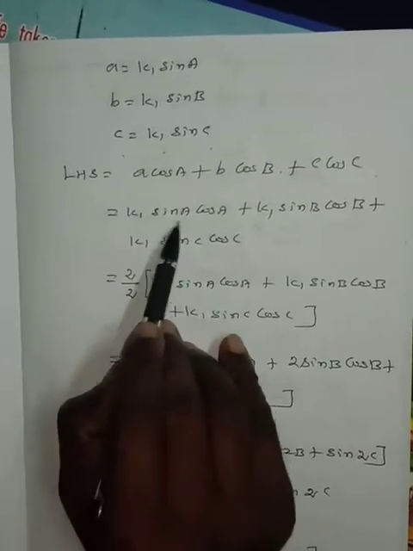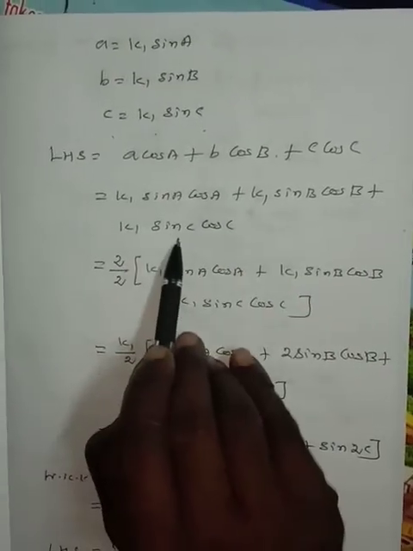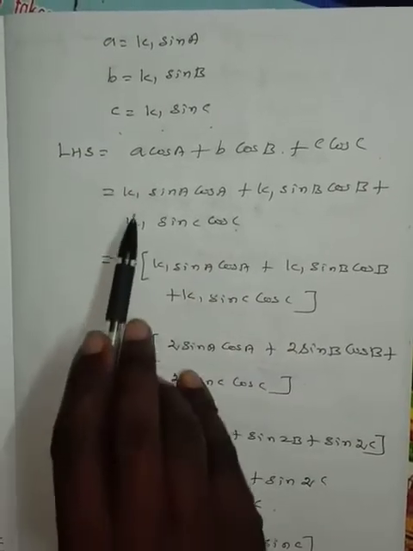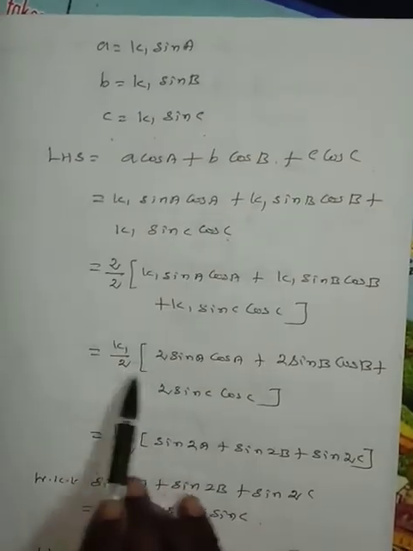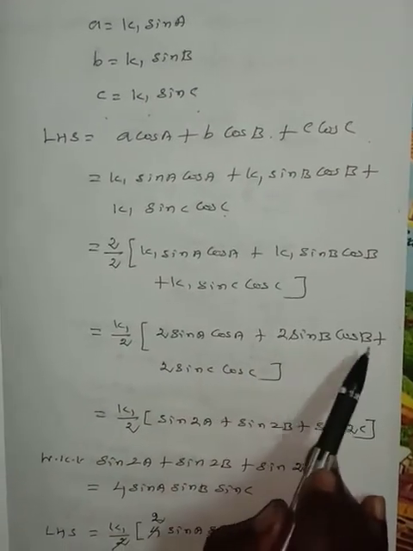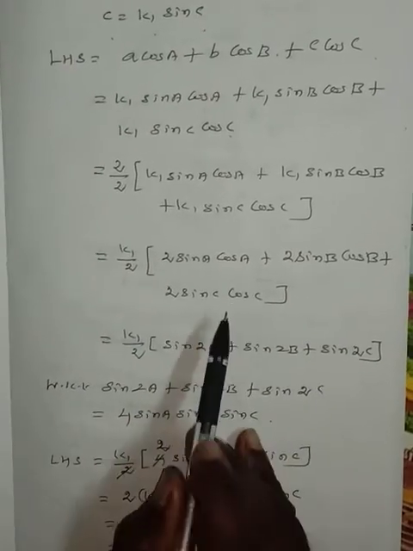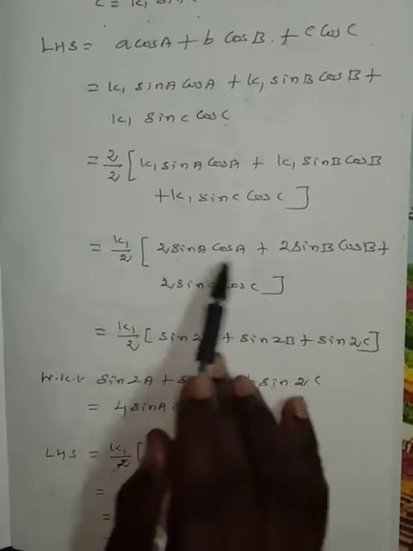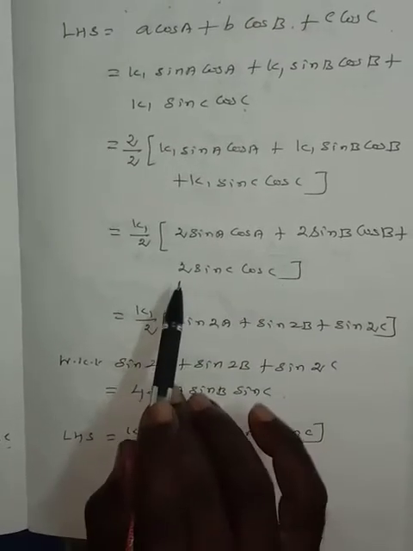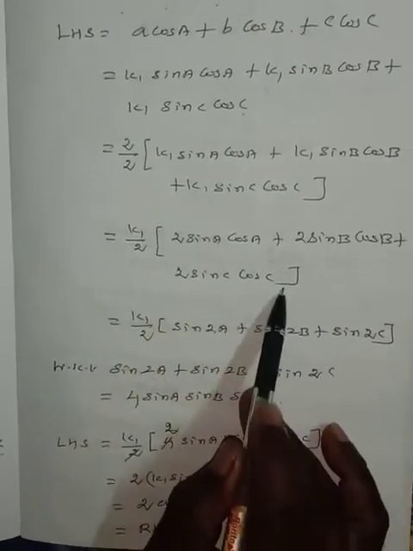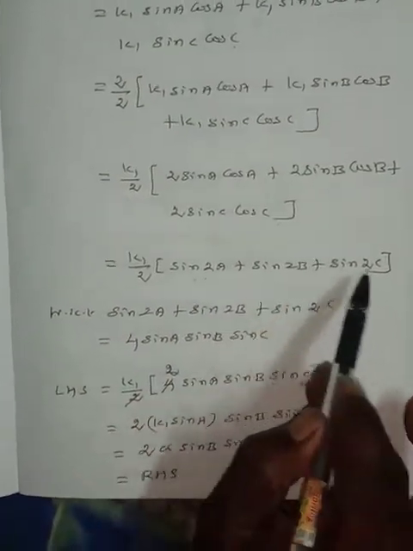We have K1 sin A cos A plus K1 sin B cos B plus K1 sin C cos C. Multiply by 2, divide by 2. We have K1 divided by 2 into 2 sin A cos A plus 2 sin B cos B plus 2 sin C cos C. We know that sin 2A is equal to 2 sin A cos A, sin 2B is equal to 2 sin B cos B, sin 2C is equal to 2 sin C cos C. Apply the formula, we get K1 divided by 2 into sin 2A plus sin 2B plus sin 2C.